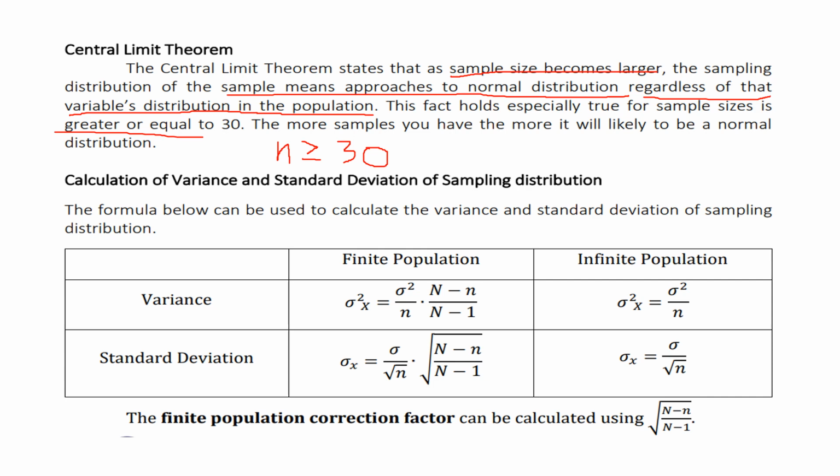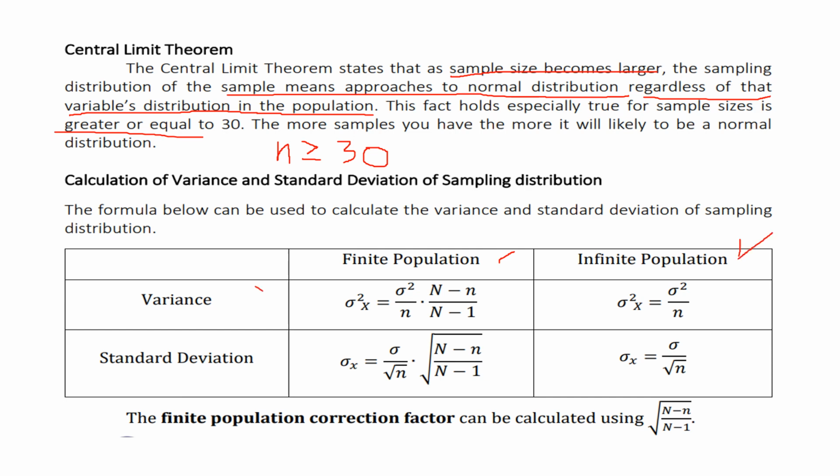Now, dealing with the variance and standard deviation of sampling distributions, there are formulas for these two. The formula below can be used to calculate the variance and standard deviation of sampling distribution. First is for your finite population, the second is for your infinite population.